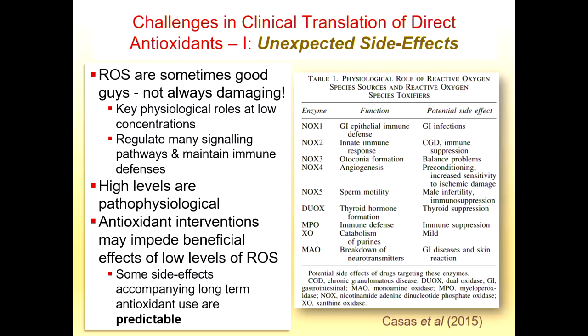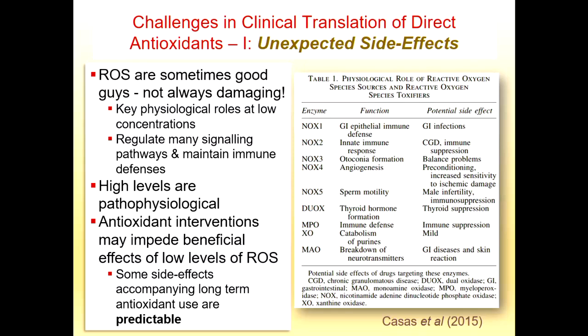And one of the key roles of free radicals, normal physiological roles, is in the immune system. So if you shut down free radical production by the immune system, then you can leave the patient vulnerable to infections, unable to fight off infections. So that's one of the classic side effects of antioxidant intervention, increased risk of infections. And we now know this too, that some of those molecular participants in producing free radicals in cells, remember we talked about the NADPH oxidase system, very important in immune cells.